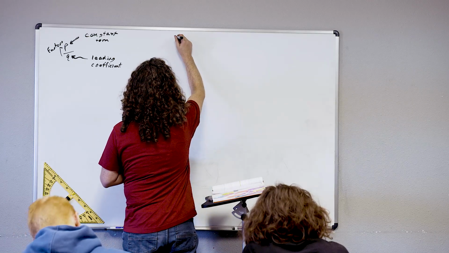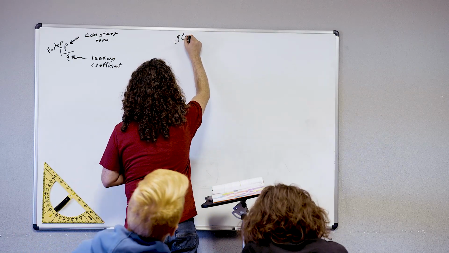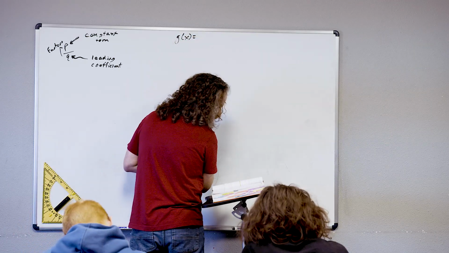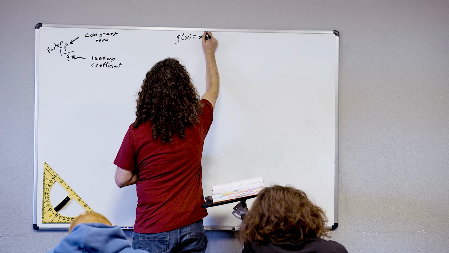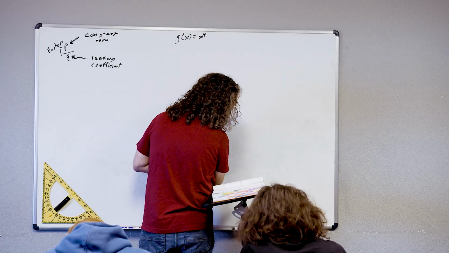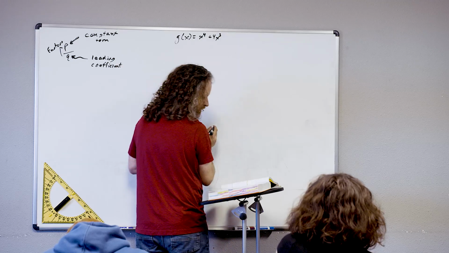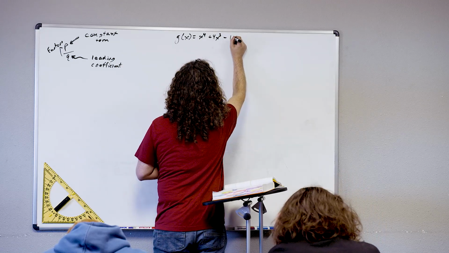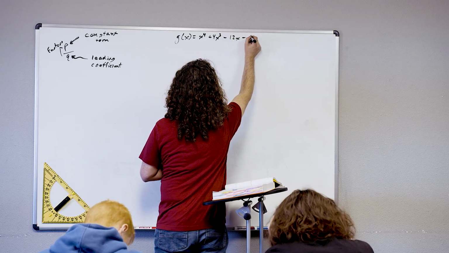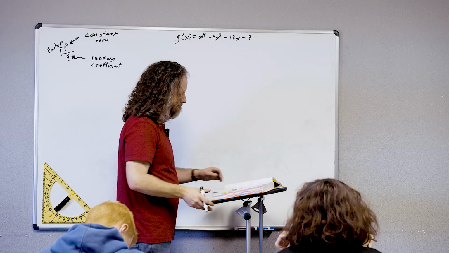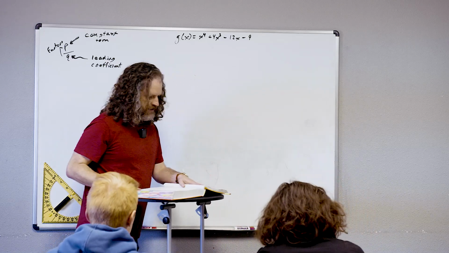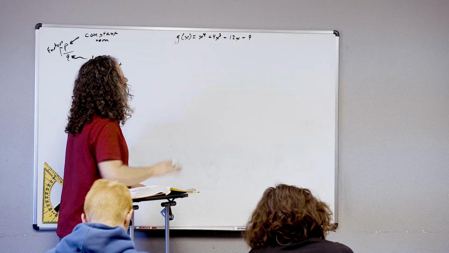All the possible rational zeros of g of x equals x to the fourth plus 4x cubed minus 12x minus 9. So in this case, P is 9.